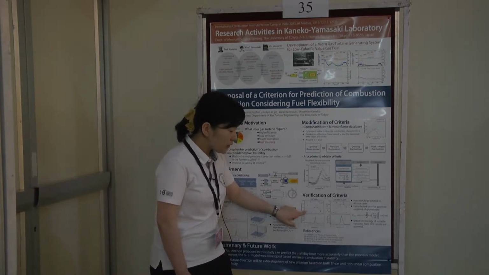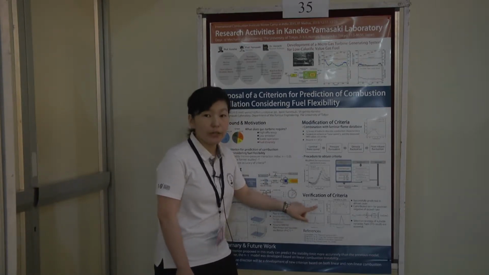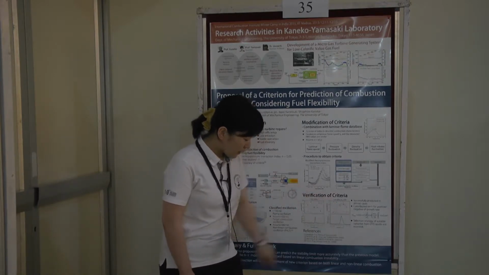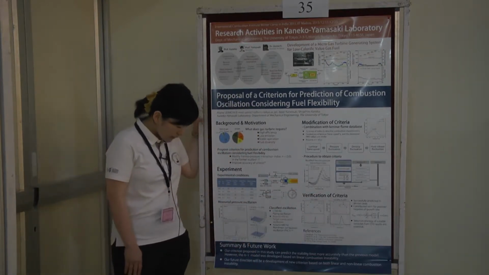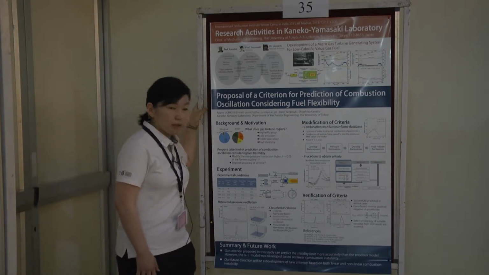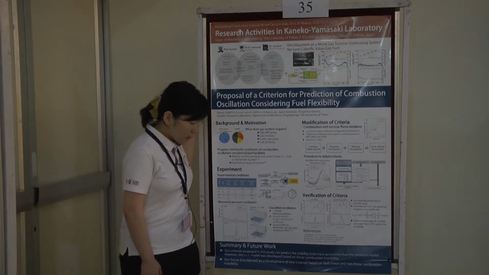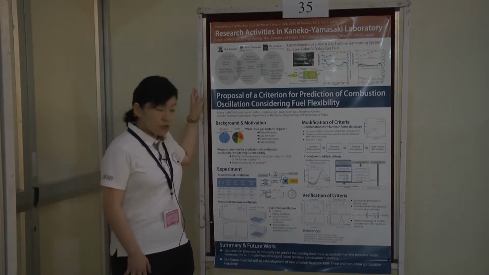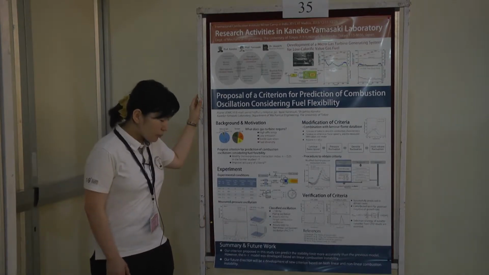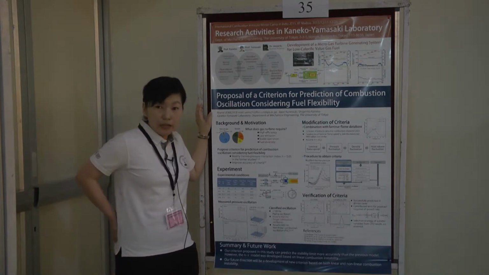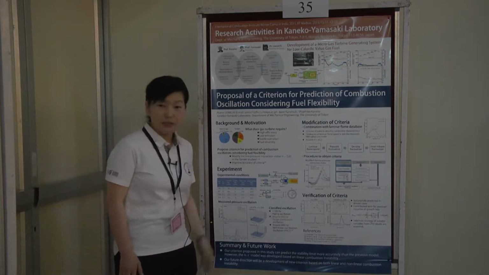In this research, we got a more accurate prediction method, this red point. So my summary is that the criterion proposed in this study can predict the stability limit more accurately than the previous model. Our future direction will be the development of new criteria based on both linear and non-linear combustion stability.